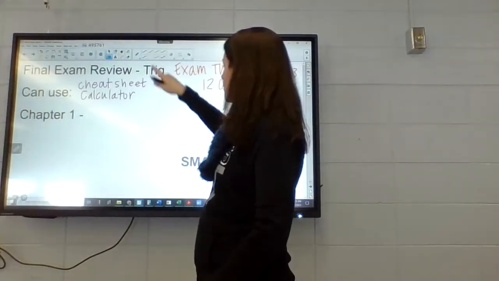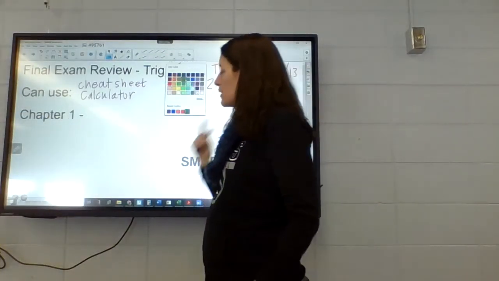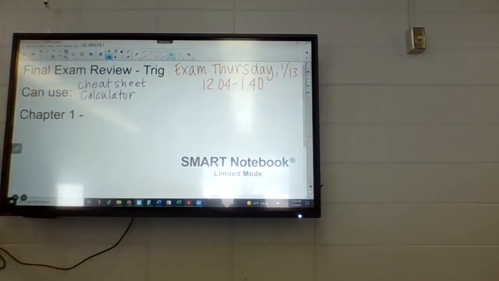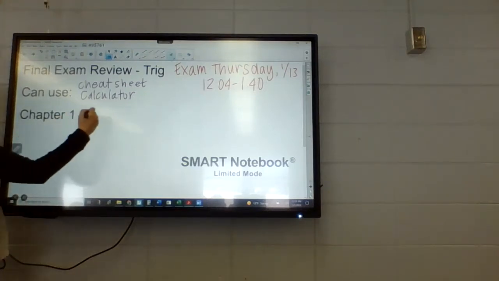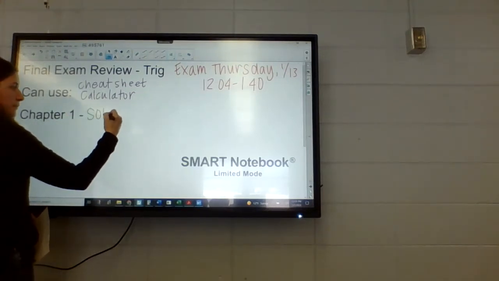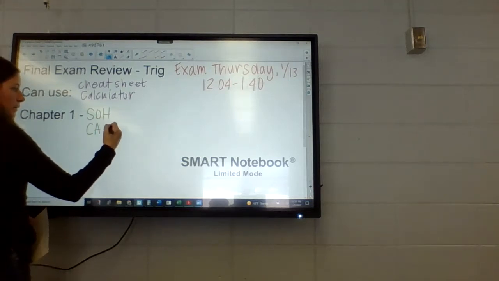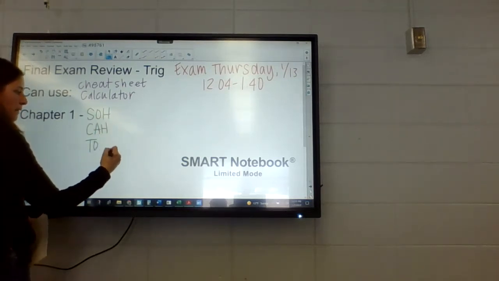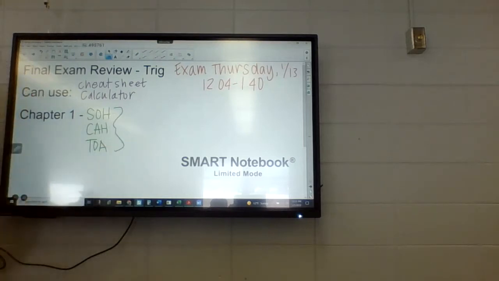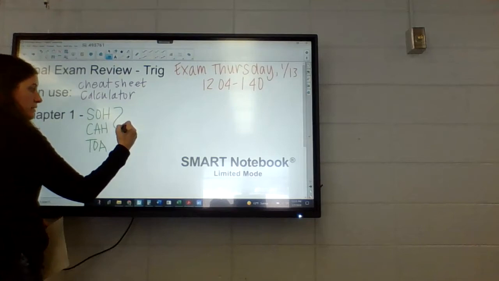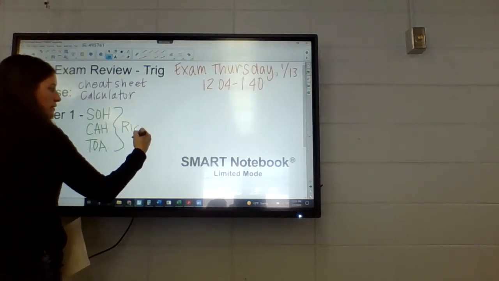Just to remind you guys of what chapter 1 was, there were a bunch of different formulas that we needed in chapter 1. Chapter 1 was our basic trig. However, we did add, if you recall, law of sines and cosines. So we had regular SOHCAHTOA, which was used to find missing sides and angles in right triangles.